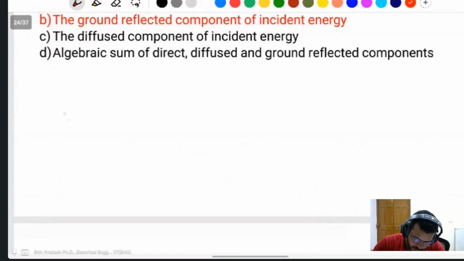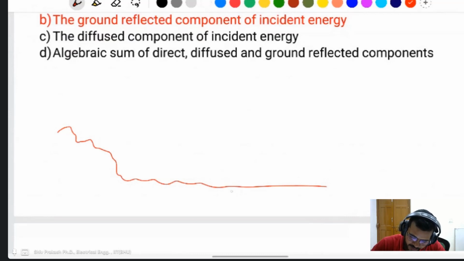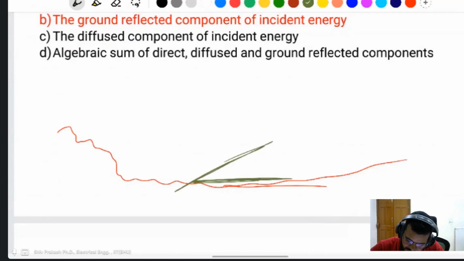Suppose you have a ground surface like that, and we place a panel here at some tilted angle, tilt angle beta. This will be a PV panel.